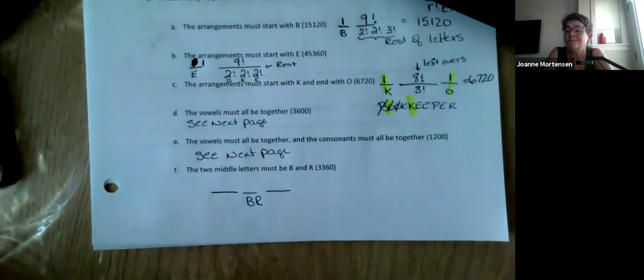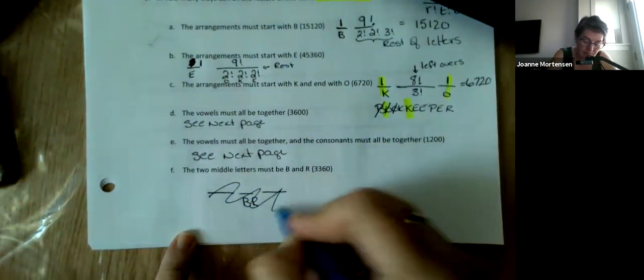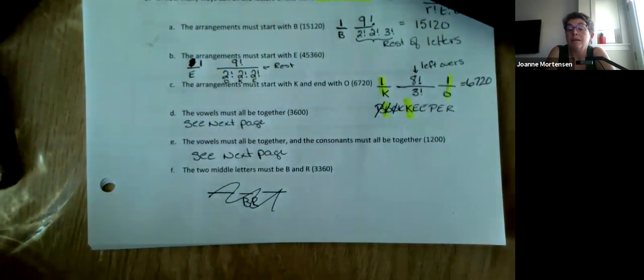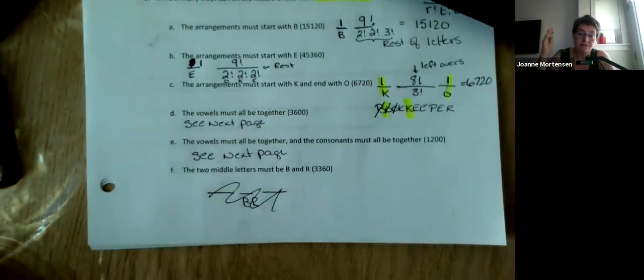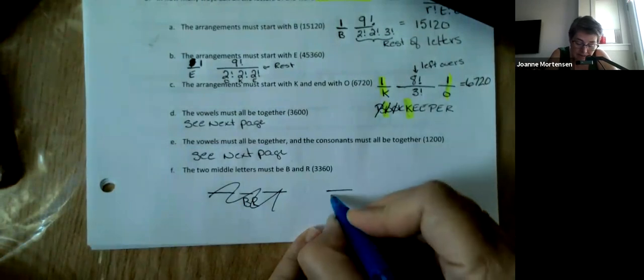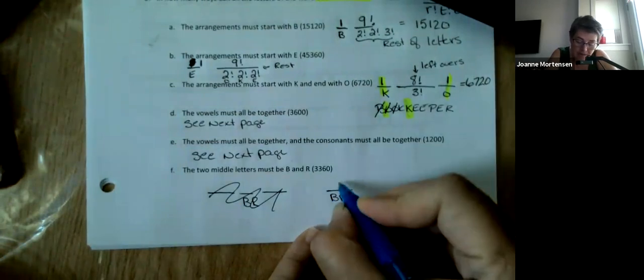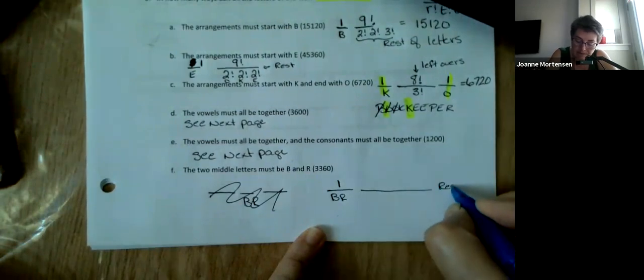Okay, I'm back. I was way overthinking that question. Here's the scoop. Even forget my drawing here. Whether we put the BR in the middle or at the very start, it doesn't matter, because you're just going to rearrange all the other letters. So it's going to be BR, there's only one way we can do that, and then this is the rest of the letters.